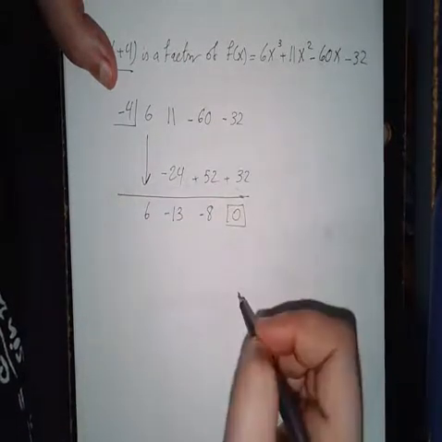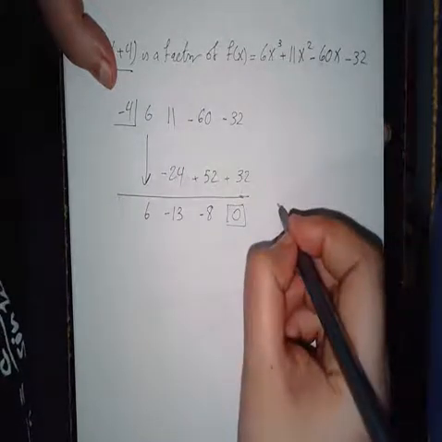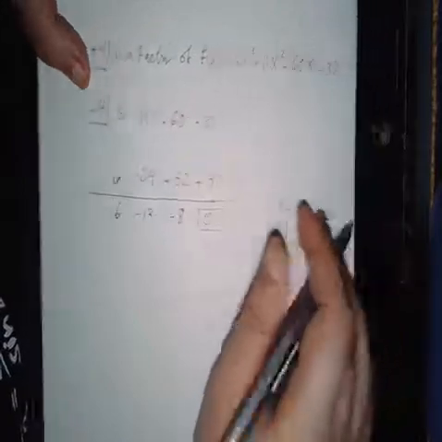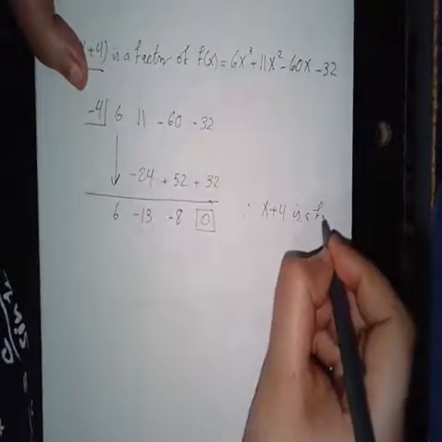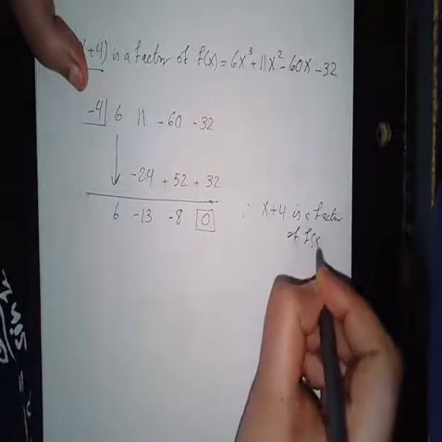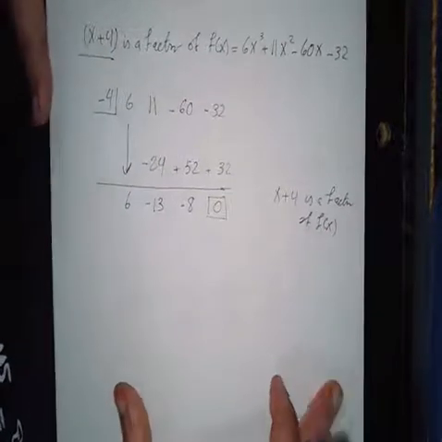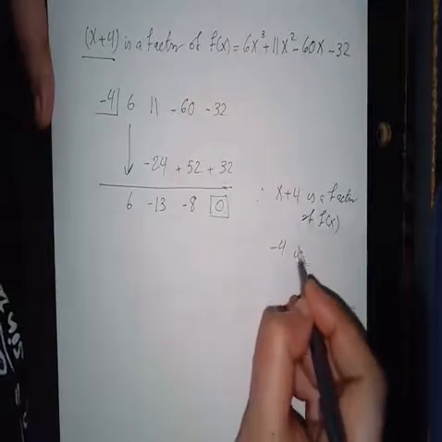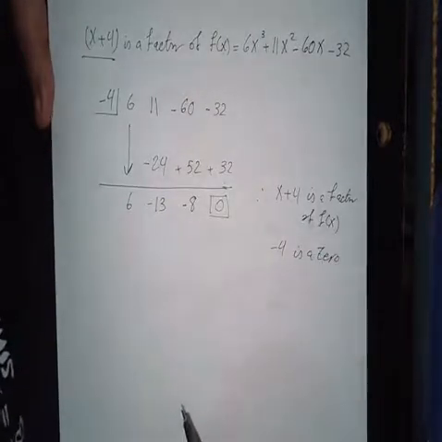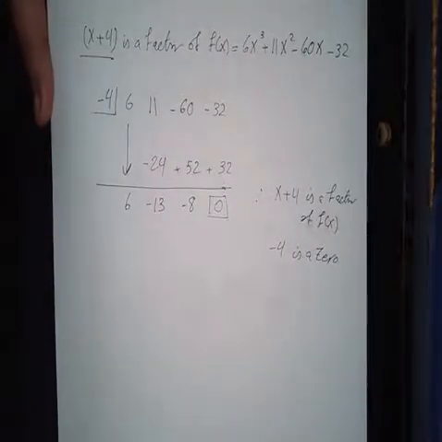So since the remainder is 0, that means that x plus 4 is indeed a factor of f of x. Make sense? And that negative 4 is a 0 of the function. Alright, so that was your factor theorem.